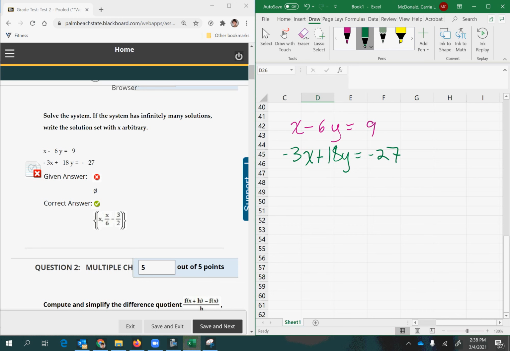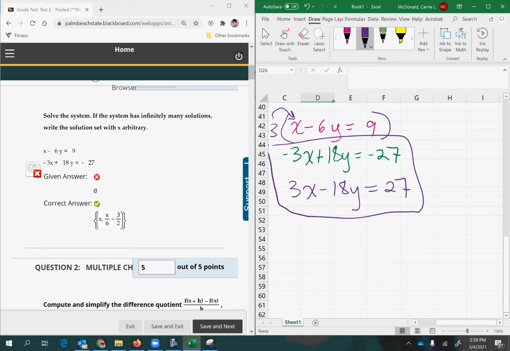So I'm going to multiply all this by 3 on the first equation, and that'll give me a new version, 3x minus 18y equals positive 27. And now this right here is my new system.